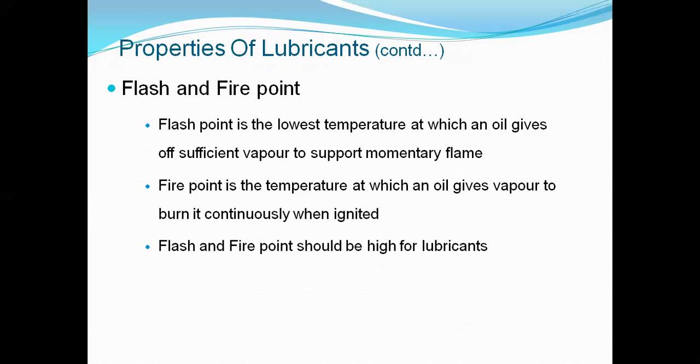Due to increased friction, more heat is generated. Due to heat generation, temperature rises. Due to the temperature rise, the lubricant may catch fire. For this reason, flash and fire point should be high.